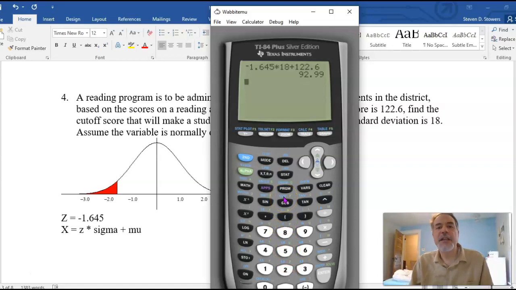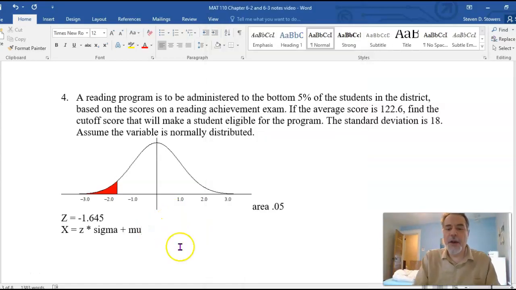That's real close to 93, so I'm just going to round it off to 93 and say our answer is 93. The average score on the test is 122.6, but if you scored below 93, that puts you in the bottom 5% of all the test scores.